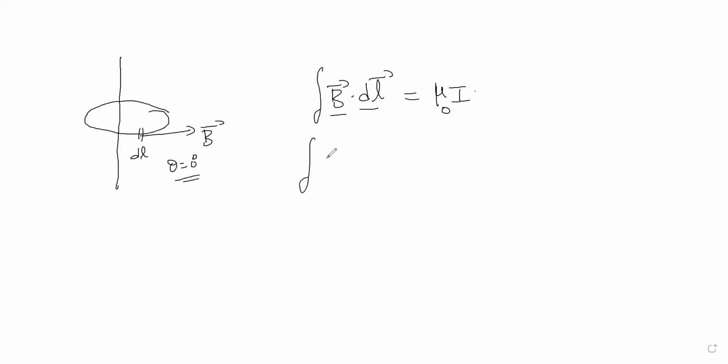So you have the integral of |B| |dl| cos 0, which equals mu naught times I. And now B is a constant, so |B| comes out.